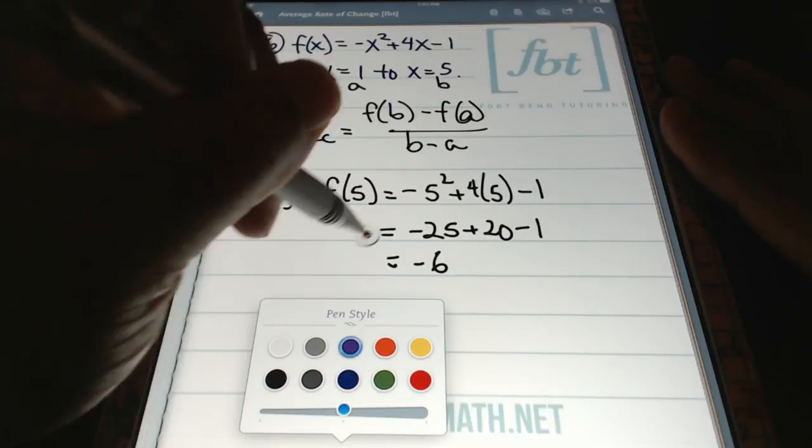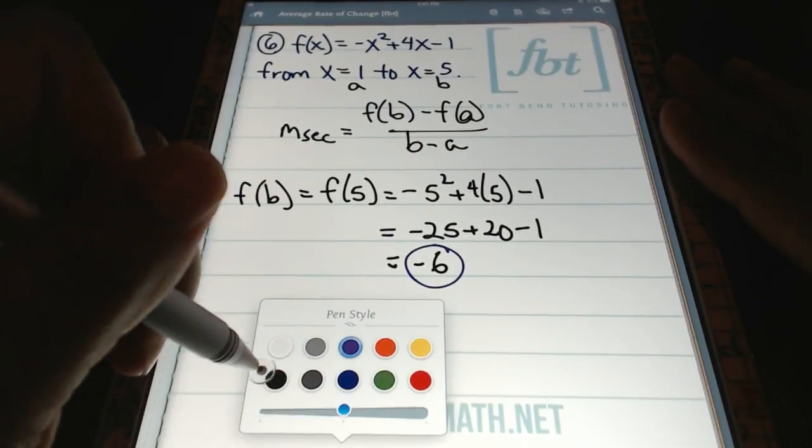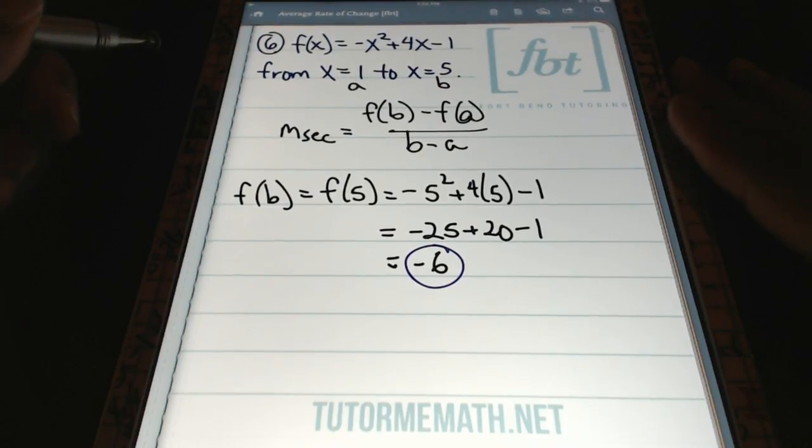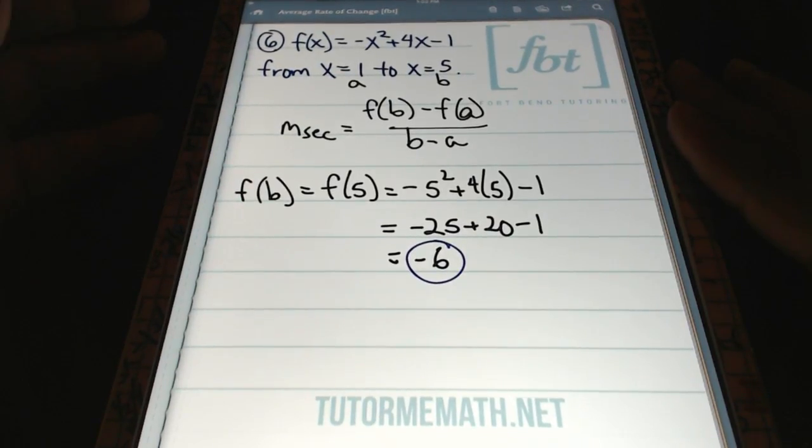So my f of b value, after plugging in 5 into the original function, we end up with negative 6. That's right. BGS Idmore says, yes, the formulas are the key. Recognizing patterns, you need the tools memorized. Absolutely, because it will never be promised, especially in a math class, that you will have access to those formulas. Many teachers, depending on their teaching style, may give you access to the formulas during the test, but it will not be guaranteed.